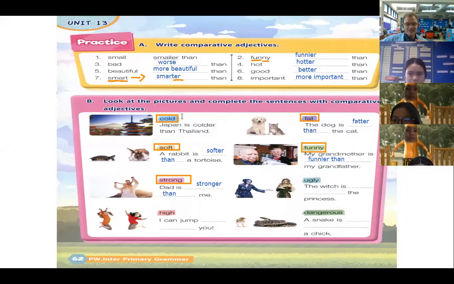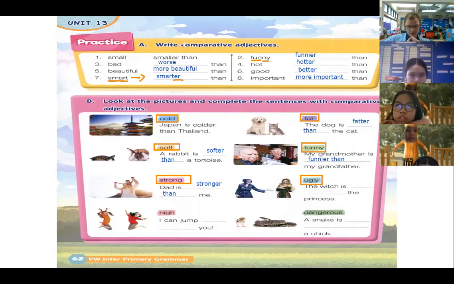The next one is ugly. The witch is the princess. The word is ugly. What will our word be? Uglier.